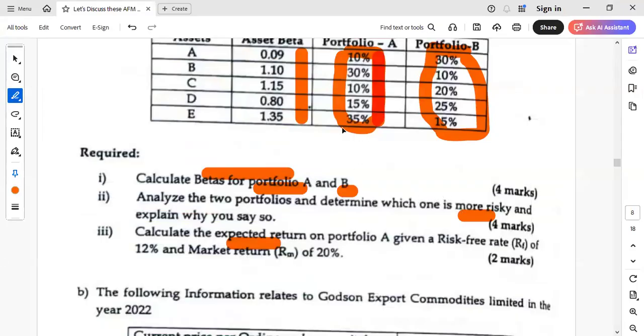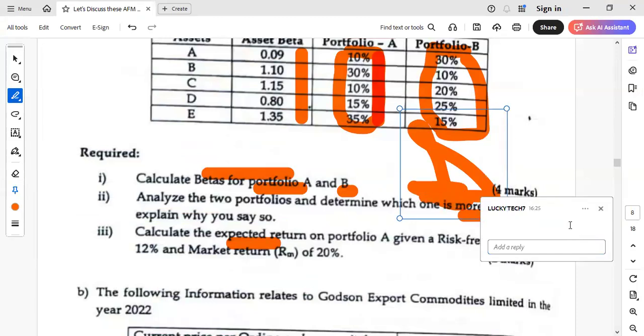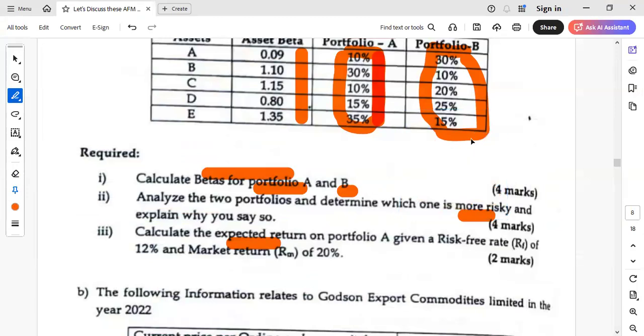Which one from these two portfolios is more risky, and why?